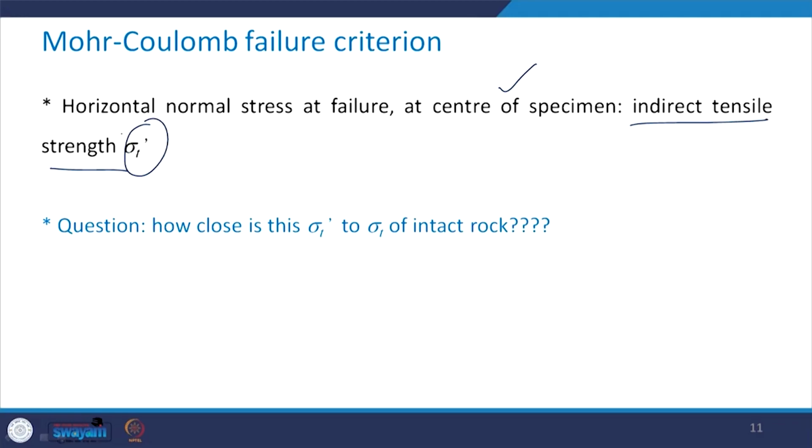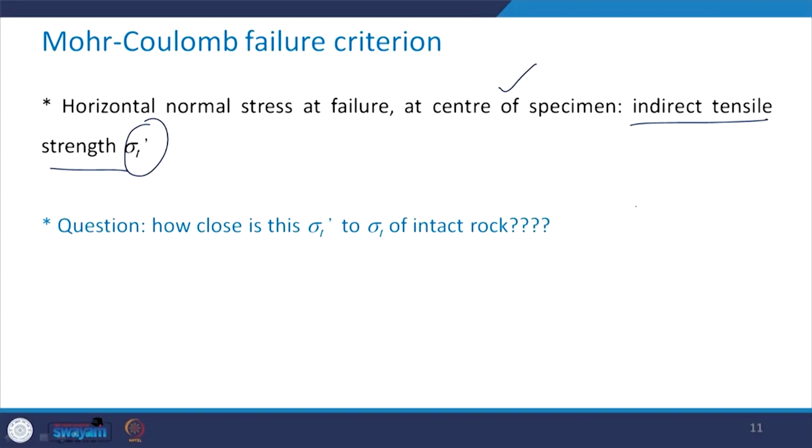So now we are going to have two tensile strengths. One was the one which I got theoretically, which was the direct tensile strength, that was sigma t, and another is the indirect tensile strength, that is sigma t prime.